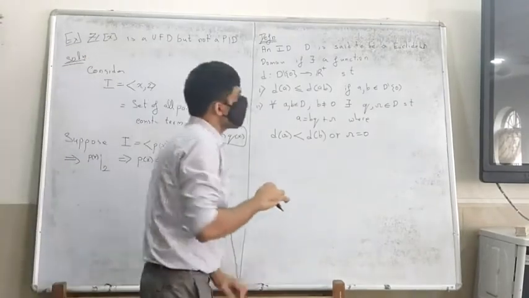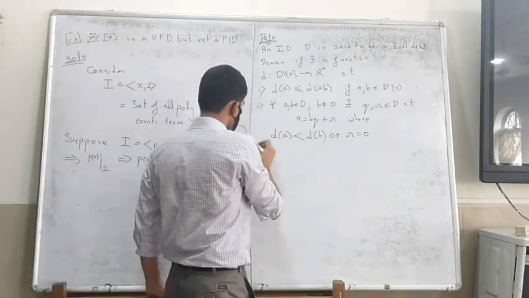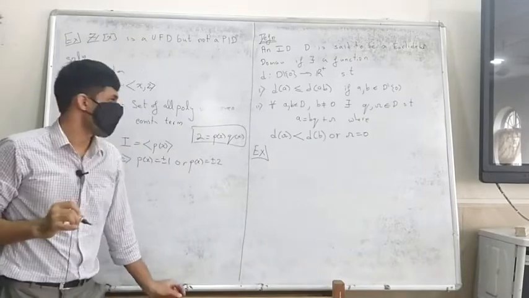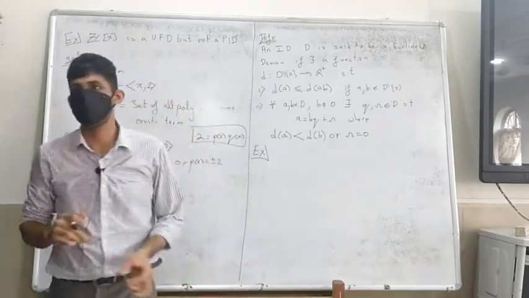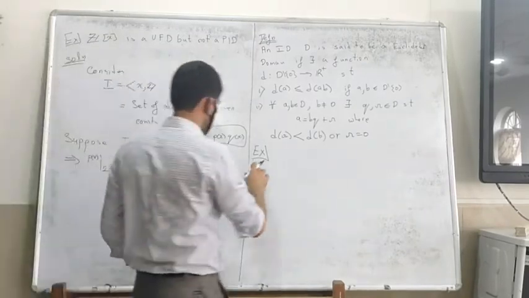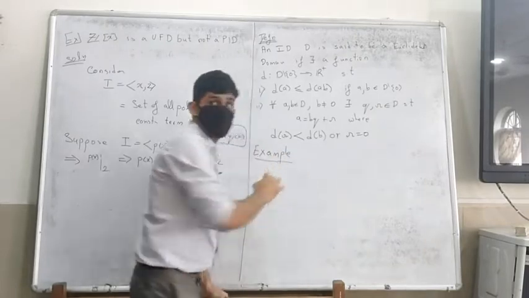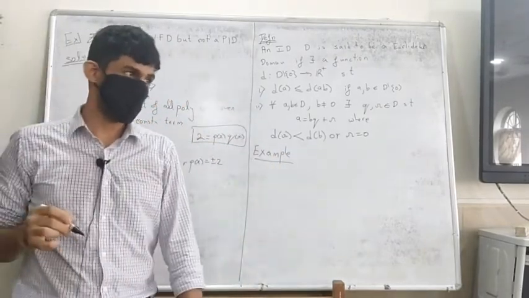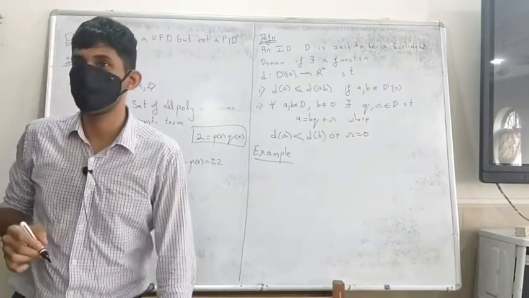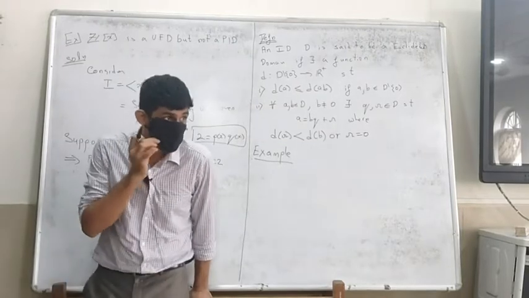There are two Euclidean domains which we are familiar with. One is Z. Can anyone tell me what's the measure on Z? And what's the measure on F[x]?